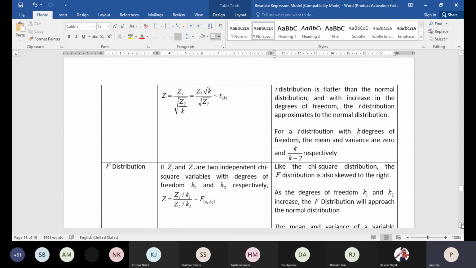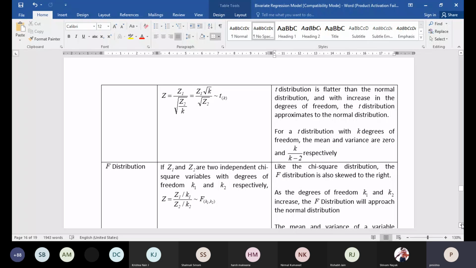And this F distribution would be very, very important for testing statistical significance of the overall model. So two things would be very, very important in this connection. One is statistical significance of the overall model and statistical significance of the individual coefficients.